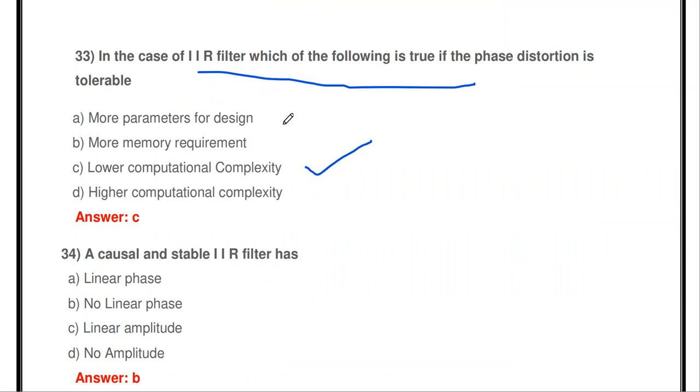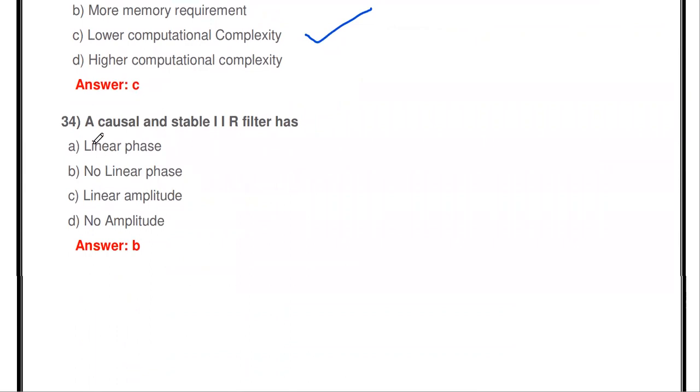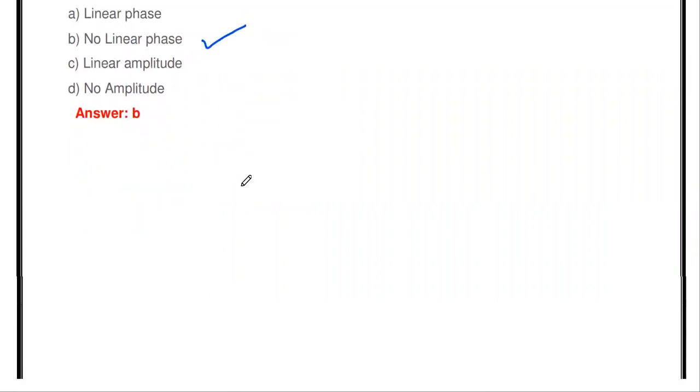If the phase distortion is tolerable, the true statement for the IIR filter is lower computational complexity. Then: a causal and stable IIR filter has linear phase, no linear phase, linear amplitude, no amplitude? A causal stable IIR filter has no linear phase.